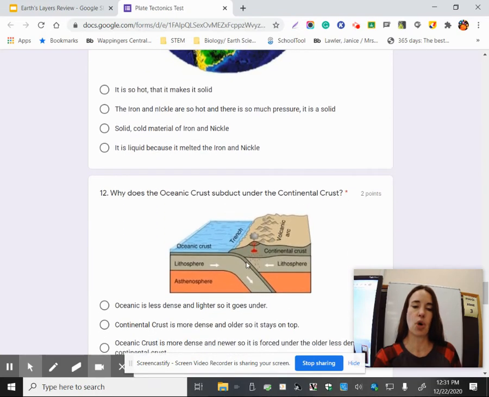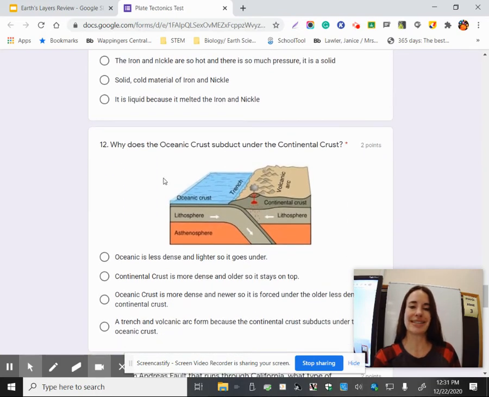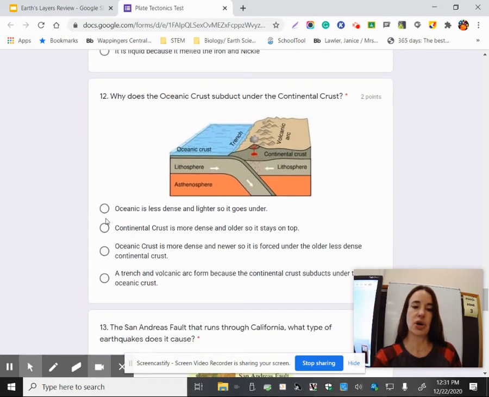Number 12, why does the ocean crust subduct underneath the continental crust? Is the oceanic crust less dense and lighter, so it goes under? Is the continental crust more dense and older, so it stays on top? Is the oceanic crust more dense and newer, so it's forced under the older, less dense continental crust?